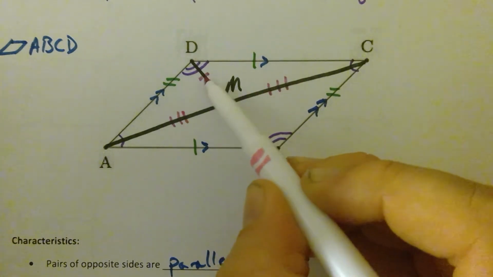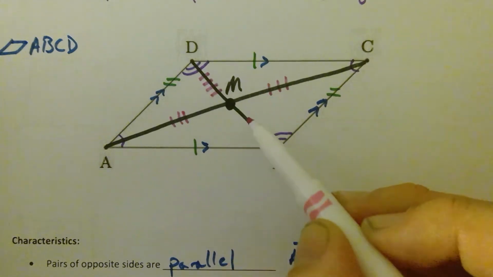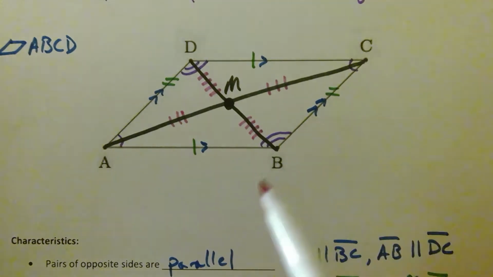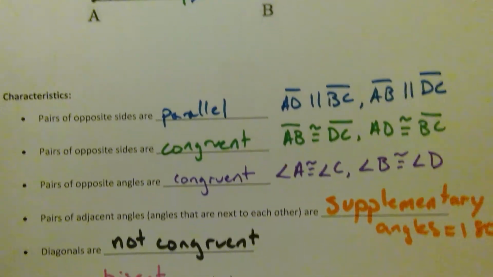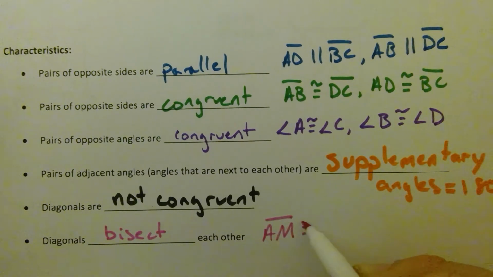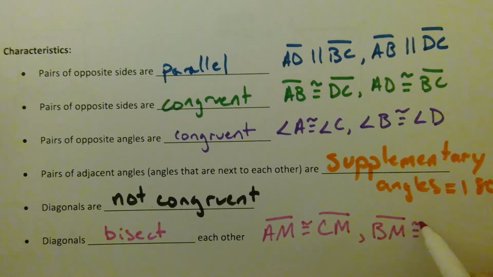And then DM is congruent to BM. Okay, so we're going to put those down here before we move on to several problems. So AM is congruent to CM, and BM is congruent to DM.